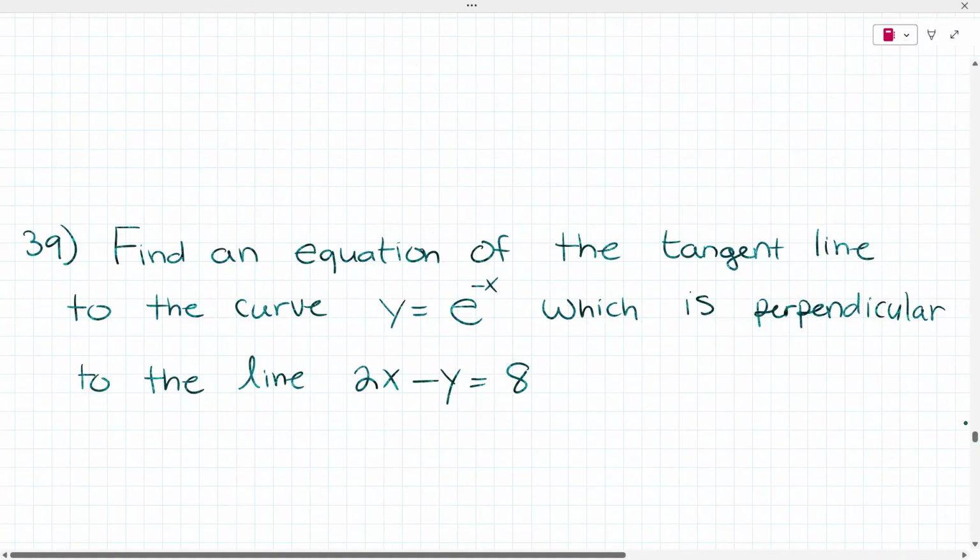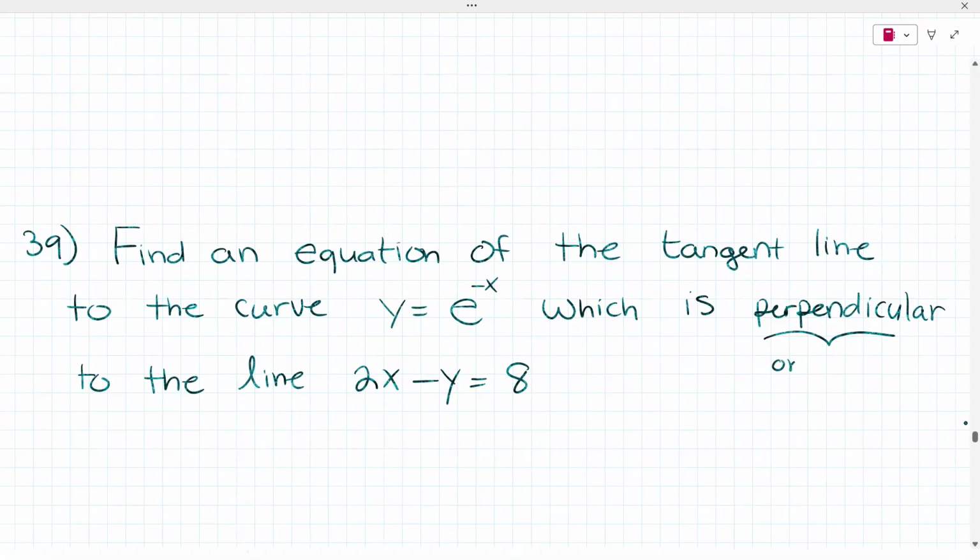9. So it says find the equation of the tangent line to the curve y equals e to the negative x, which is perpendicular to the line 2x minus y equals 8. So perpendicular means orthogonal, right? This right here means orthogonal.